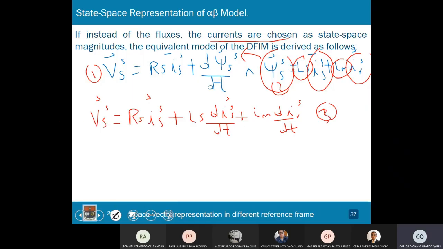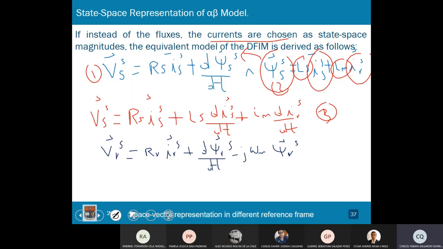In a similar way, I will work on the rotor side. For the voltages, the rotor voltage space vector is equal to the rotor resistance times the rotor current space vector plus the derivative of the rotor flux space vector, minus j times the speed omega times the rotor flux space vector.